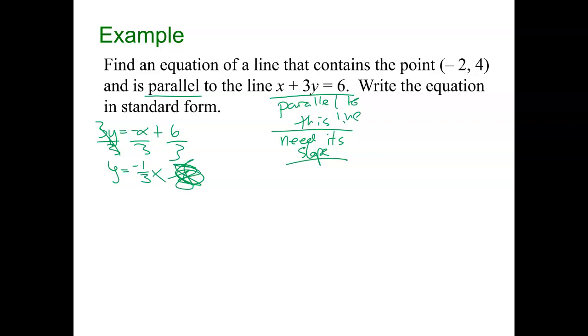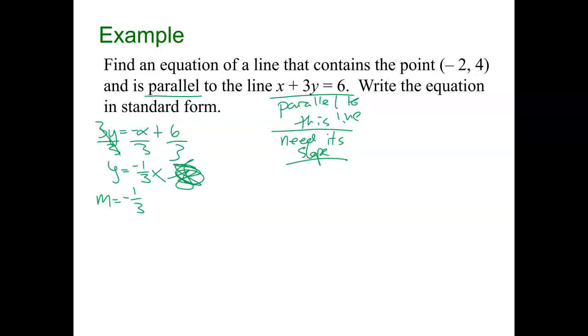I don't need the 2. I just need the negative 1/3. That's the only thing about that equation that I care about, that it has a slope of negative 1/3. The rest of the equation is garbage to me now. Toss it. So I rewrite this equation in slope-intercept form to find the slope, and I don't care about anything else with it.